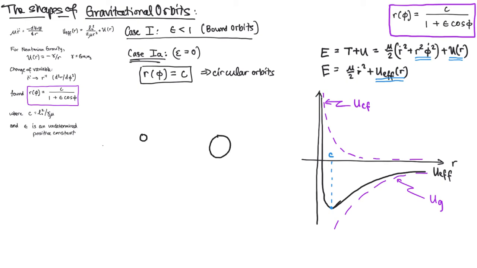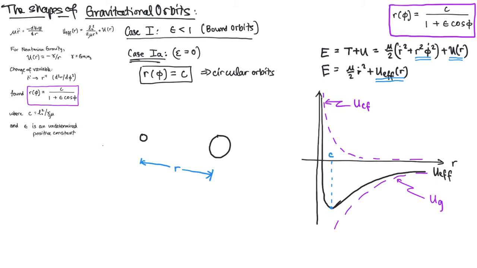And what we're saying here is that the separation between them is constant. The two could be in orbit about each other, about their common center of mass, but when epsilon equals 0, that corresponds to the case where there's no radial kinetic energy.